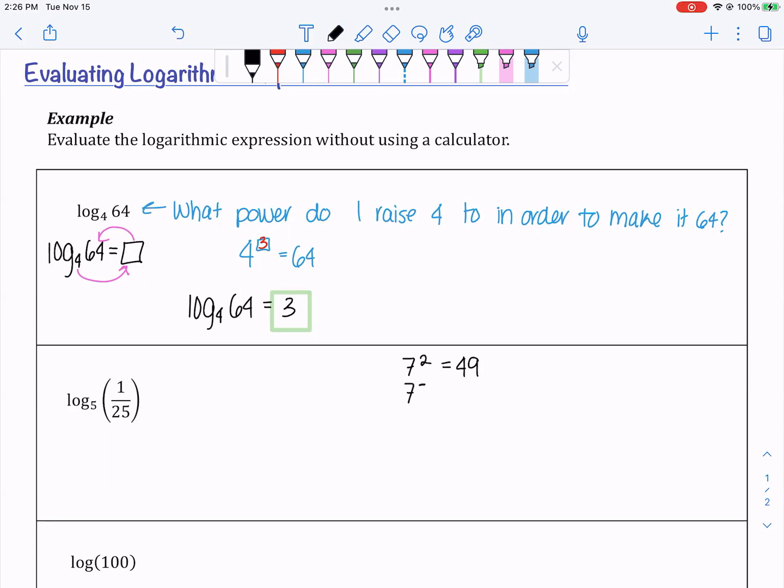When we have a negative exponent, it brings us down to the denominator. So if we have 7 to the negative 1, this is 1 over 7. And if we have 7 raised to the negative 2, this is 1 over 7 squared. So this is 1 over 49.